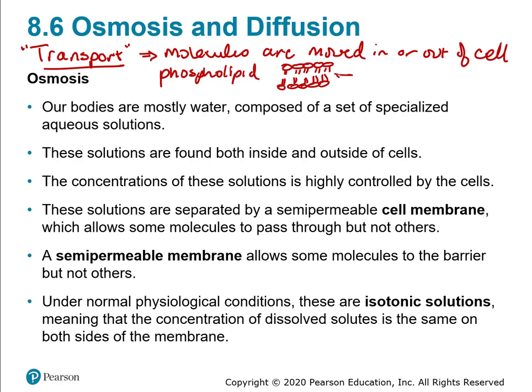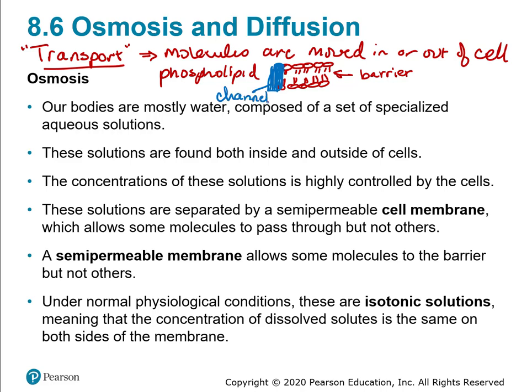So remember that this creates this barrier. So things that are polar, things that are hydrophilic, things that are ionic cannot just freely pass through. So in order for the cell to get things in and out, most of the time, the molecules that are polar or ionic have to have some kind of channel. And the channel is a protein.